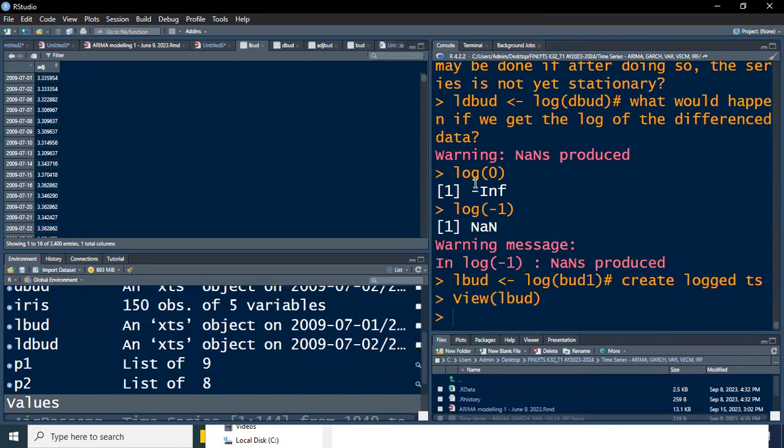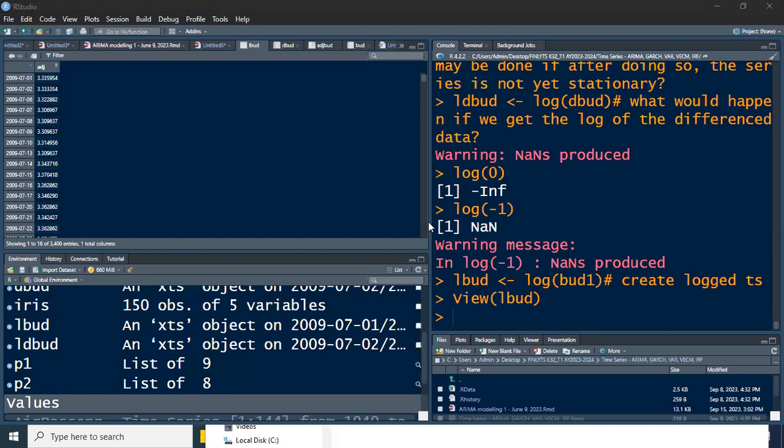Okay, so suppose let's generate a set of random numbers. Did I discuss with you set.seed, class? Not yet?